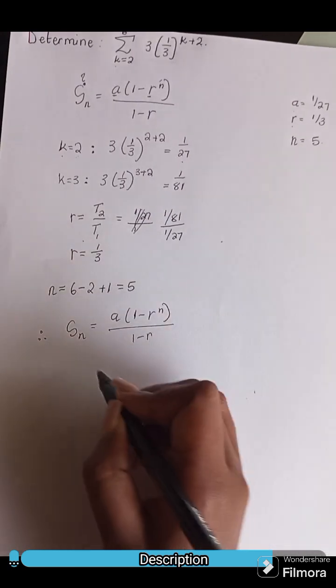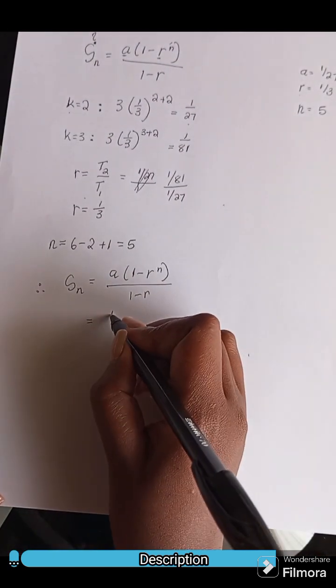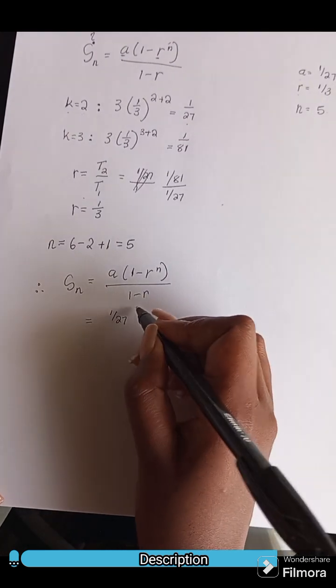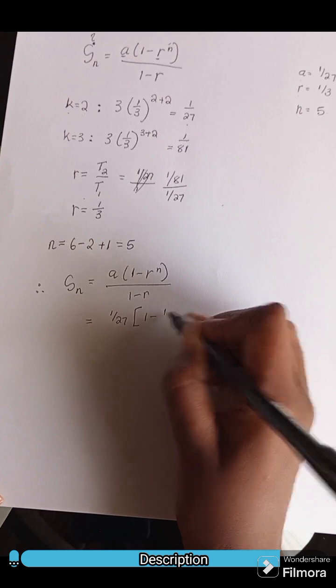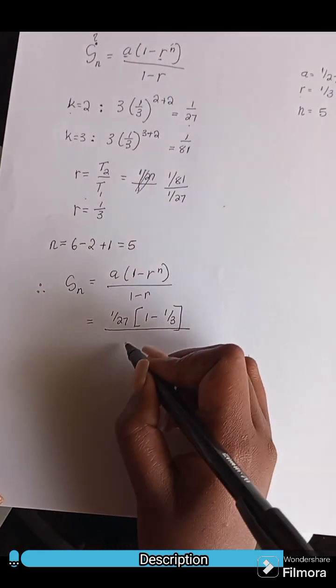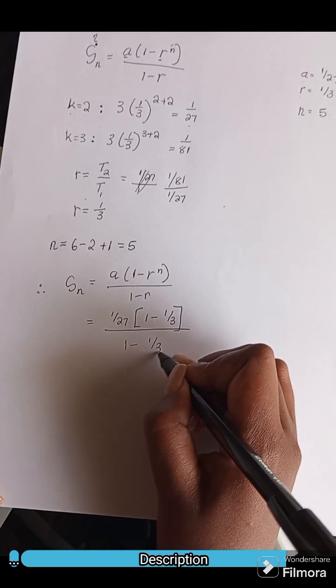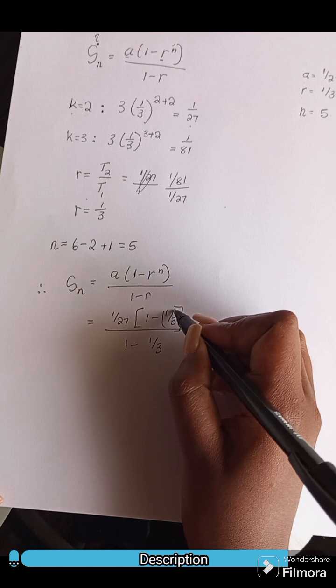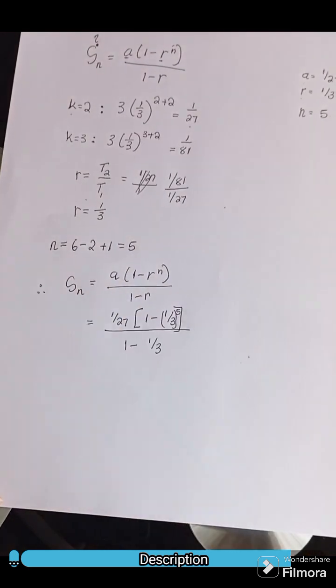Our Sn is going to be, our a was 1 over 27, into 1 minus, our r is 1 over 3, to the power of n, all over 1 minus 1 over 3. Our n is 5.